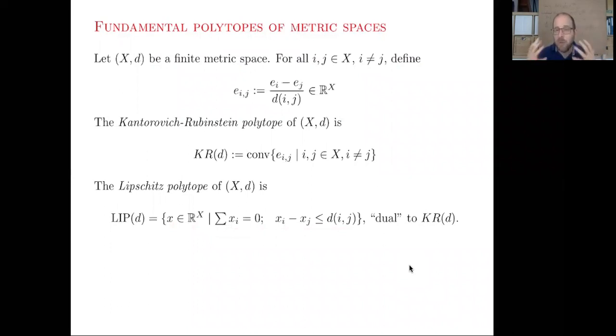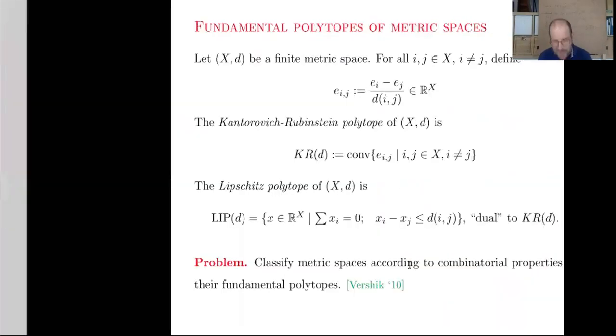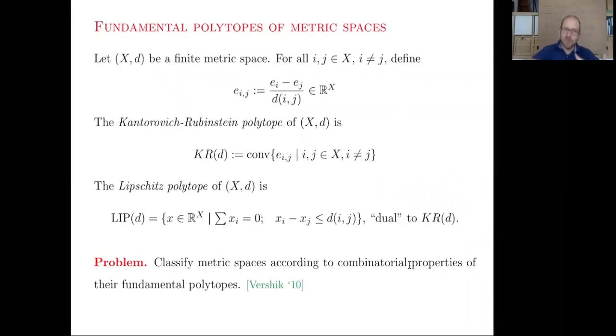I'm talking here about polar duality, in fact, and polar duality is actually combinatorial equivalence. So if I'm interested in things like faces, number of faces, and so on, the dual is as informative as the original one. That's why, to refer to both of these, I say fundamental polytopes of metric spaces.